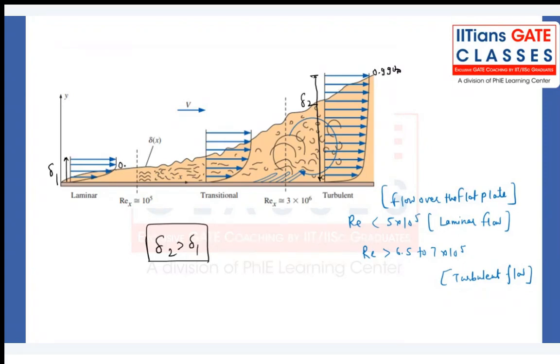Within a shorter distance, the laminar flow is achieving 99% of the free stream conditions, but here it is taking much more distance. Don't you think something contradictory is happening over here?